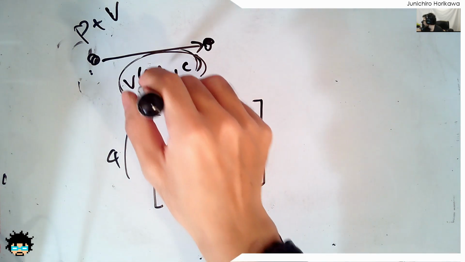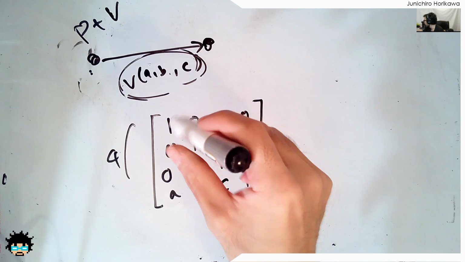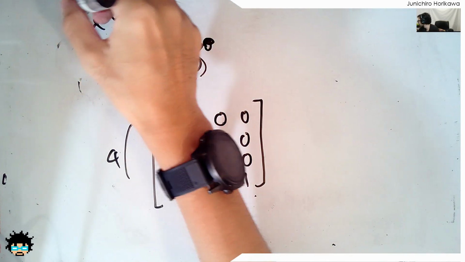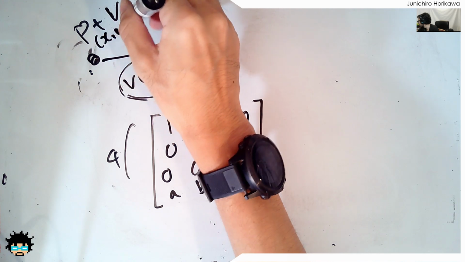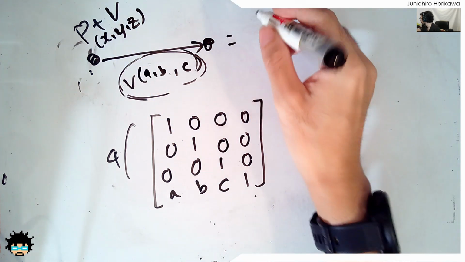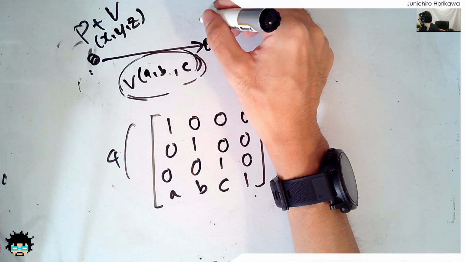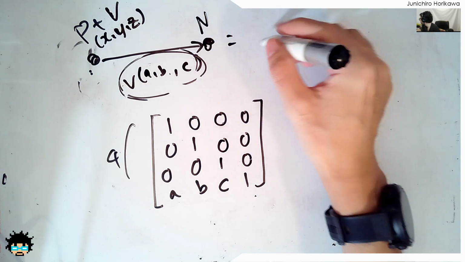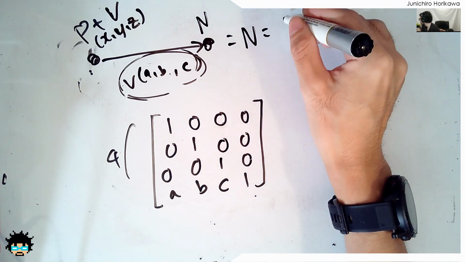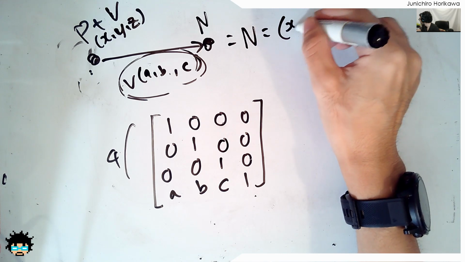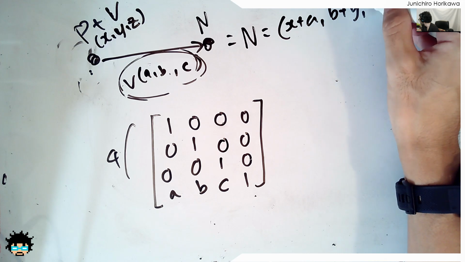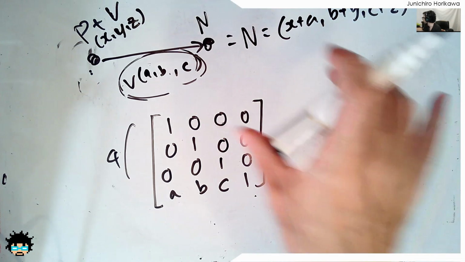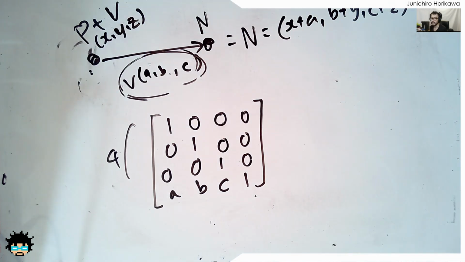So in this case, the vector is A, B, C, right? And let's say the original point position is X, Y, Z. As a result, the translated point position, let's say N, is equal to X plus A, Y plus B, and Z plus C if you just do the simple vector addition.